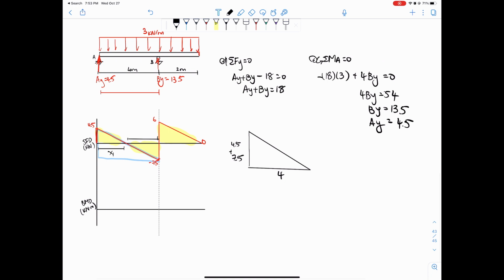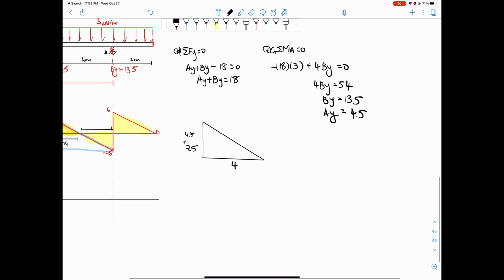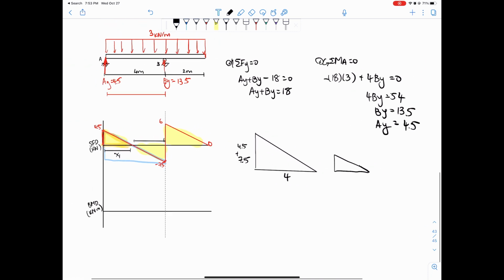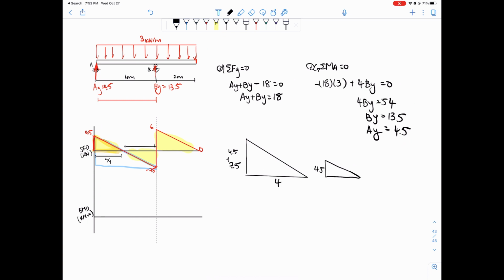And then the smaller triangle, let me use a different color here. The smaller triangle within this big triangle would have the same slope, right? So the smaller triangle would have a height of what? 4.5, right?